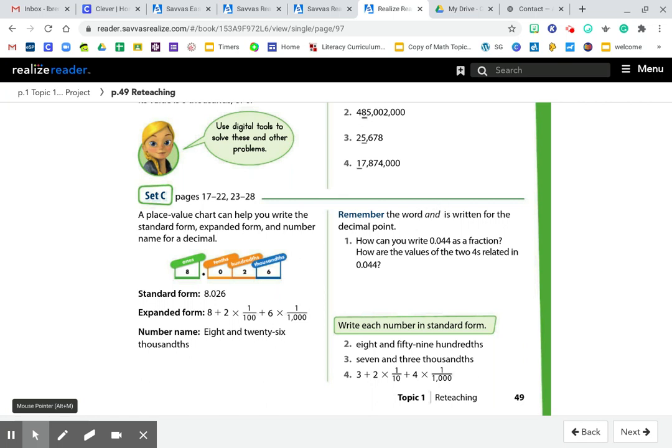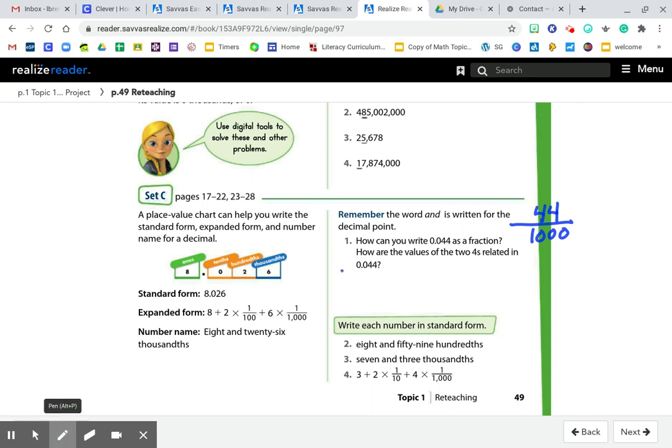Use a decimal point. How can you write 44 thousandths as a fraction? How are the values of the 2 4s related in 44 thousandths? So to write that as a fraction, it's 44, and the place value is thousandths. And how are the values, the 4 and 4, related? The value of the 4 in the hundredths place.